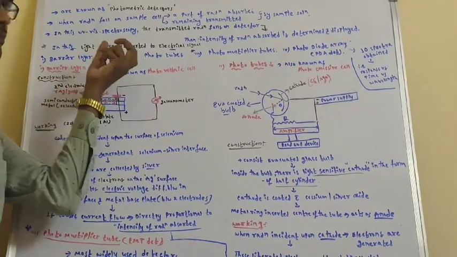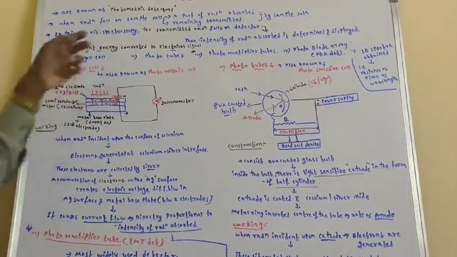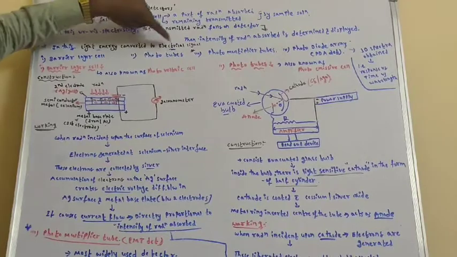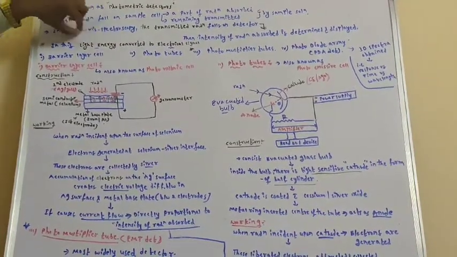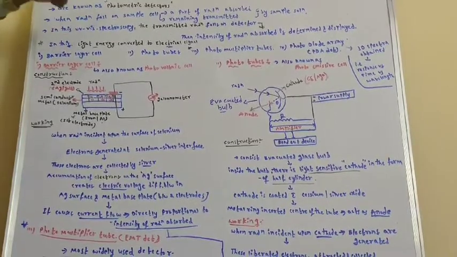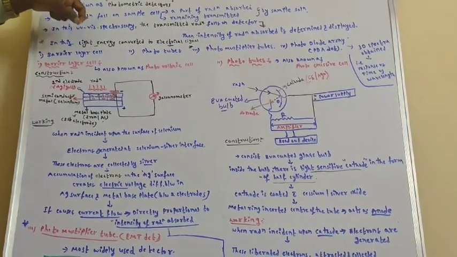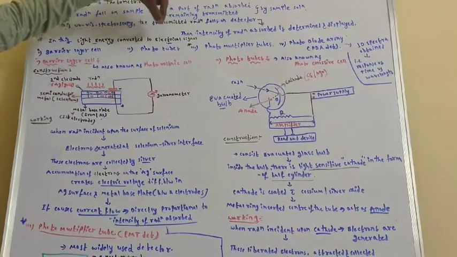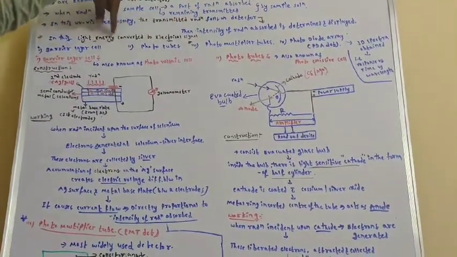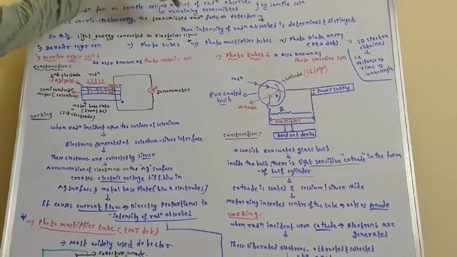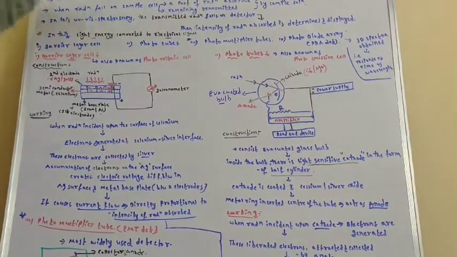In the UV visible detectors, the light energy is converted to an electrical signal. Whenever the light radiation coming from the sample falls onto the detector, it is converted to electrical signal form in the detector.